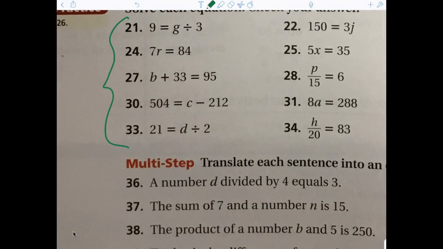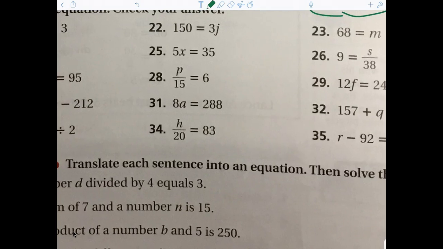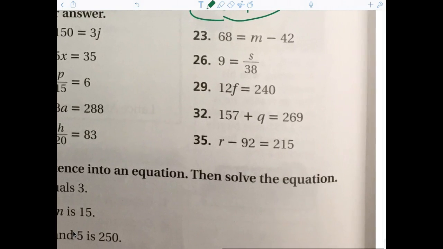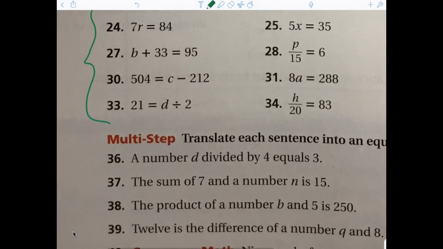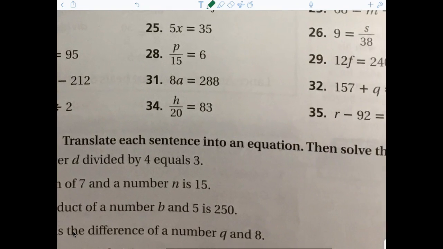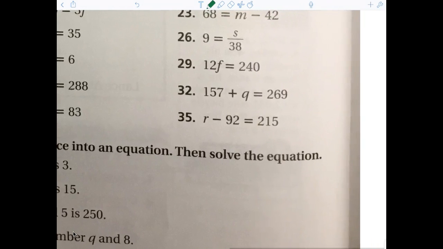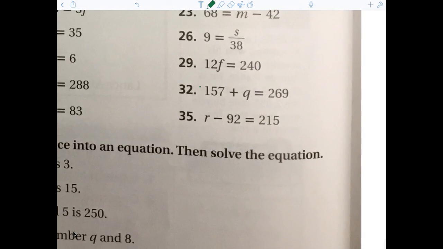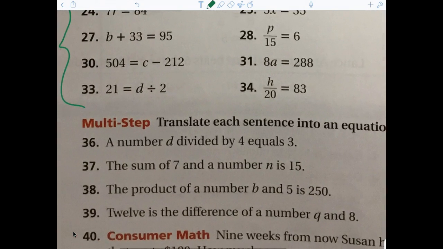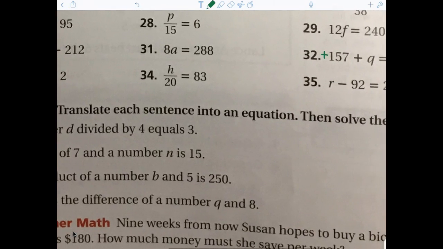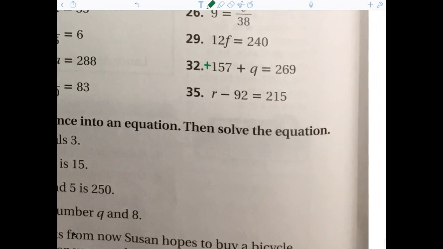Multiplication. How do I undo addition? Subtraction. How do I undo subtraction? Addition. Now, in this case, I want you to pay attention. How do I undo division? Multiplication. All right. You guys know how to do it all.